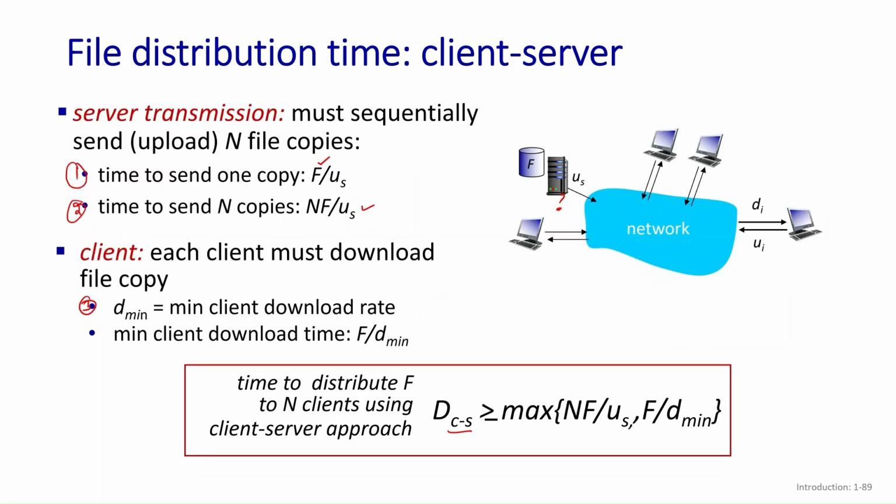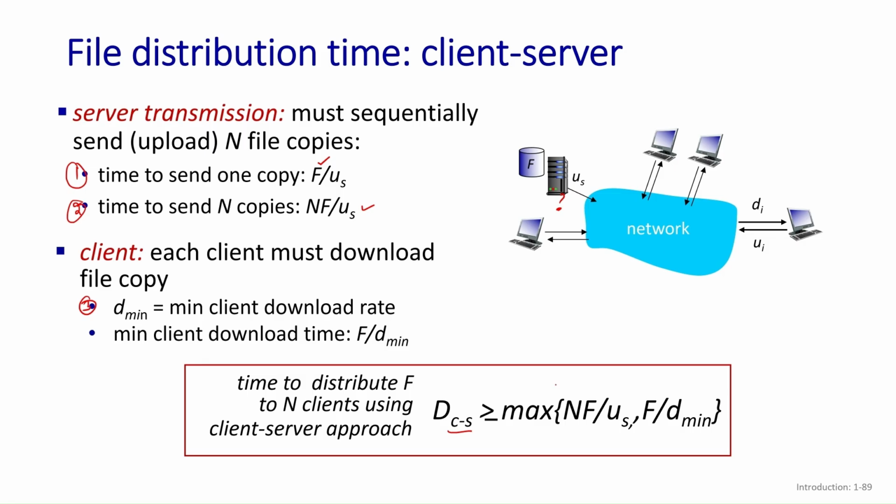So the time required to distribute a file to n number of clients in client server environment is the maximum of these two: either the time required to send n copies of the file, or the time required to download a copy of the file. Clear?